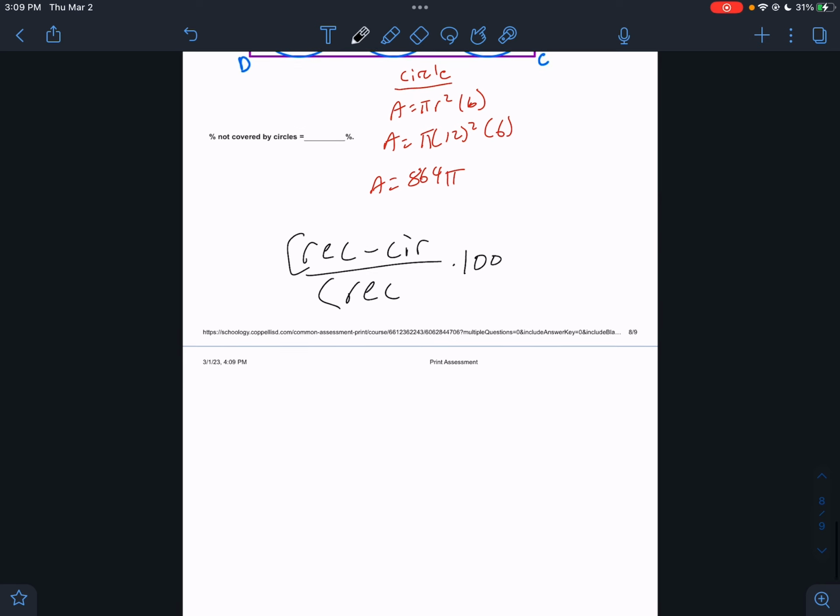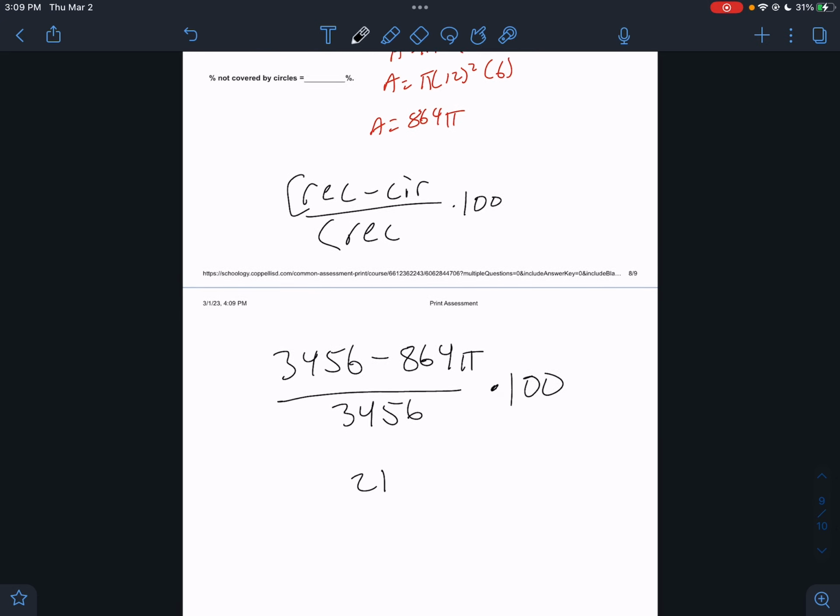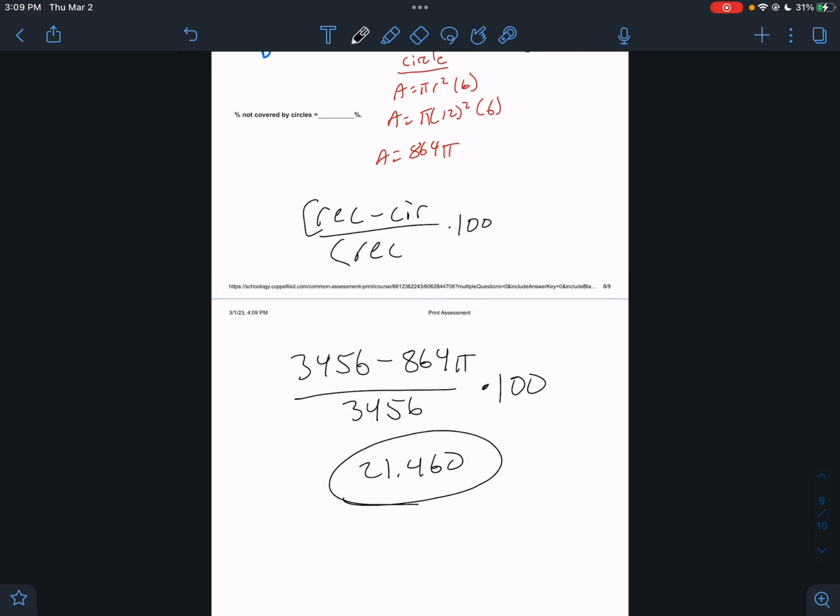So for this problem, that's going to be 3456 minus 864 pi divided by 3456 times 100, which is 21.460. And that's our final answer.